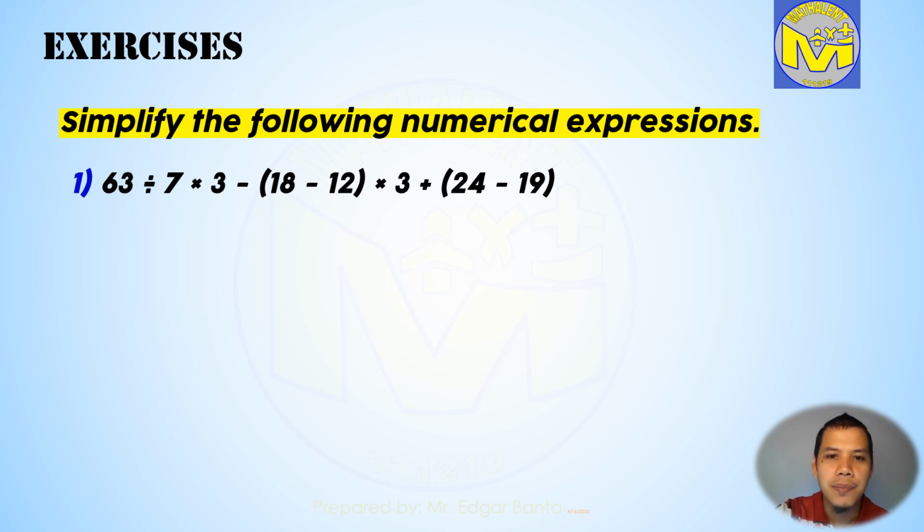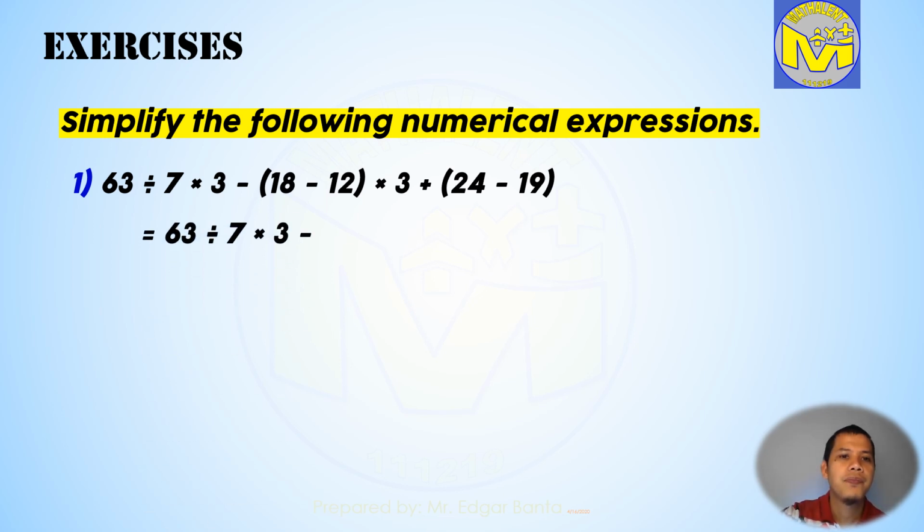So we have bracket, we have division, multiplication, another multiplication, addition, and then bracket. So we will do inside the bracket. We will just bring down the rest except inside the bracket.